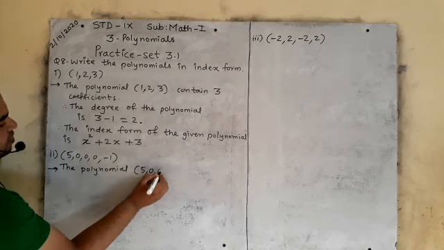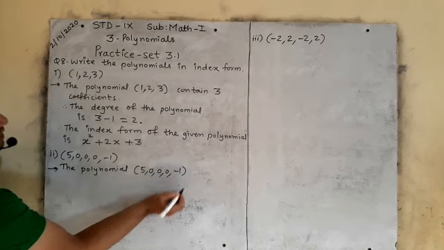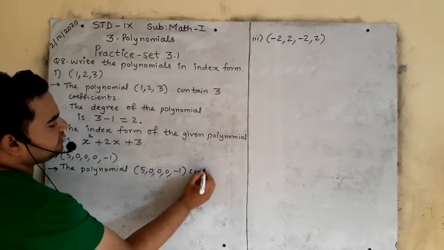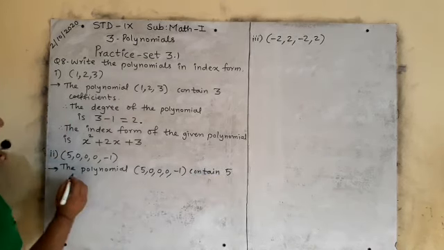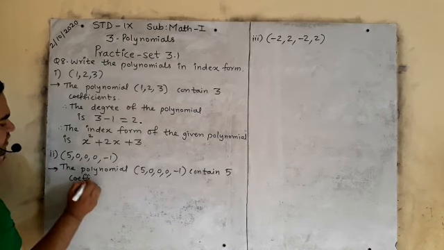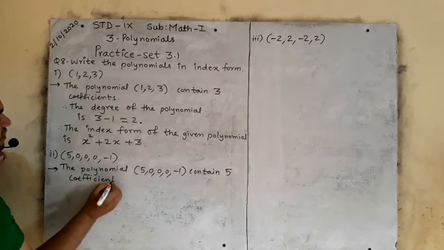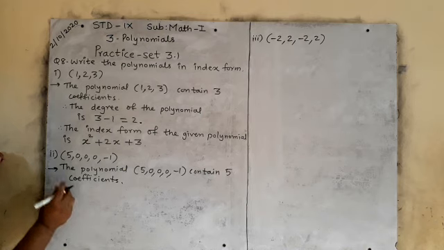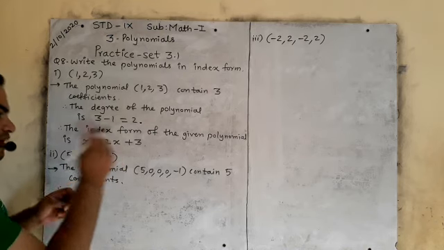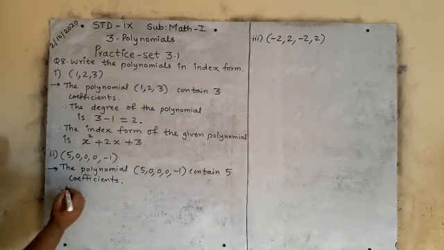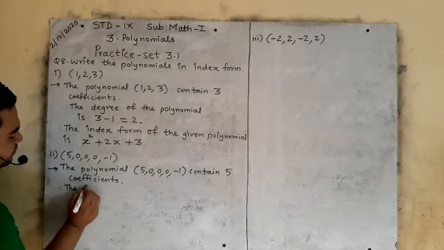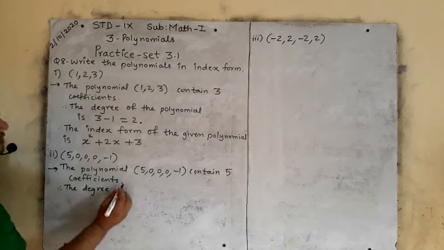The polynomial 5, 0, 0, 0, minus 1 contains how many coefficients? It contains 5 coefficients. Therefore the highest degree will be 4.